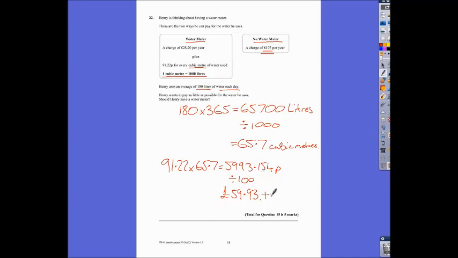We need to add the standing charge, which is £28.20. So add £28.20 onto that, and we get a total cost of £88.13. So it is cheaper to get a water meter. Now, we actually have to write that, so you can't just leave it with the numbers, you've got to say what that means. So, he should get a water meter.